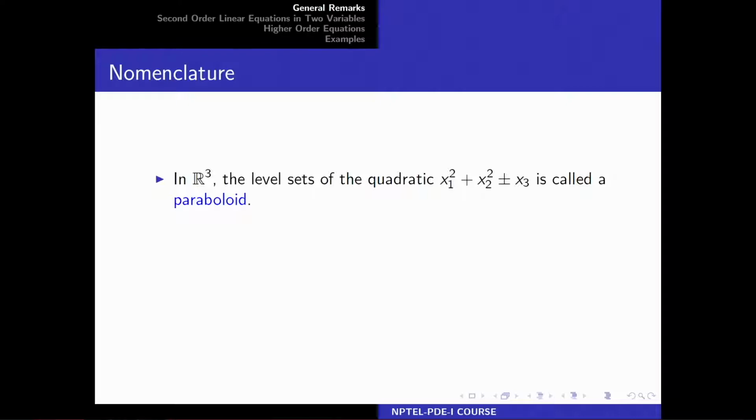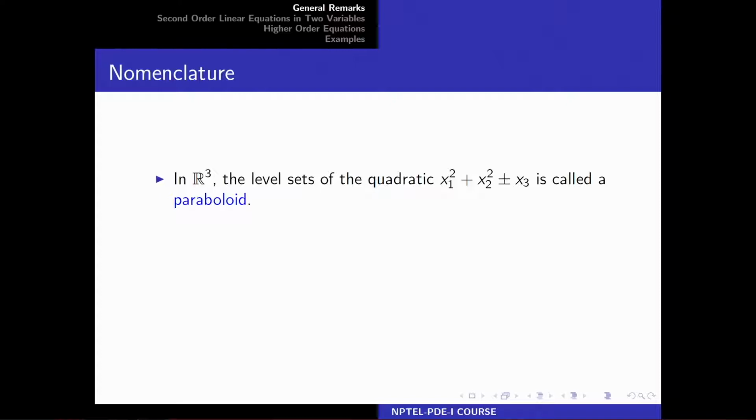In fact I should not call it a quadratic because I am adding x3 there. So, it is not a quadratic, it is just a function. So, this is called a paraboloid in 3 dimensions.